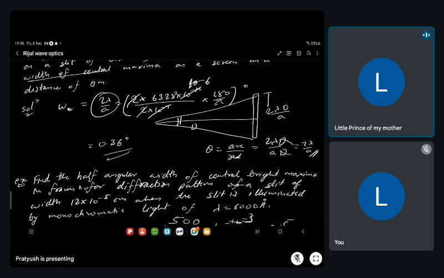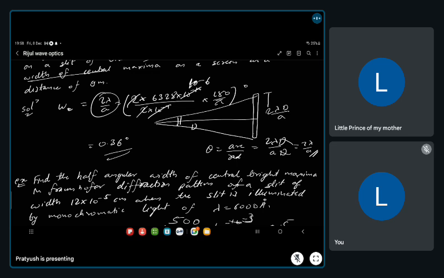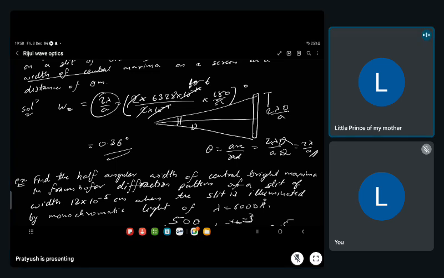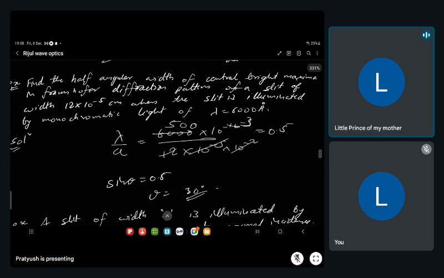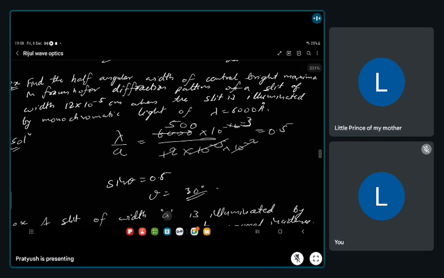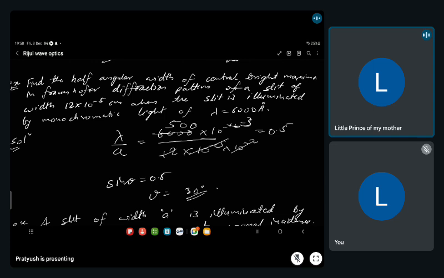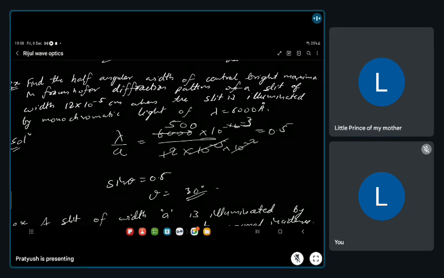So we can say half the angle is 30. Yes, what is the answer? 30. Fine. How did you solve it? So we can directly say that half is lambda by A, since the full width is 2 lambda by A. Lambda by A is given as 0.5.